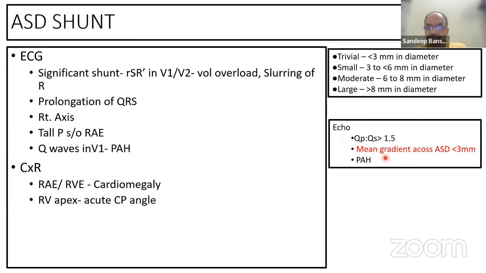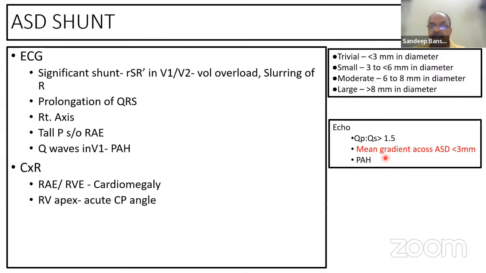This is a very commonly asked question: what is the most important feature of a large atrial septal defect on echocardiography? So please remember that the mean gradient in a cardiac cycle, if it is less than 3 millimeters, is suggestive of a large ASD.